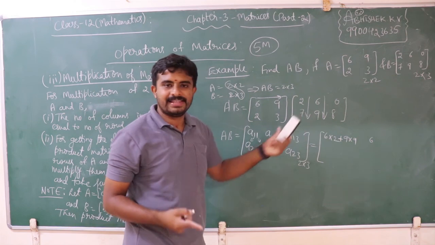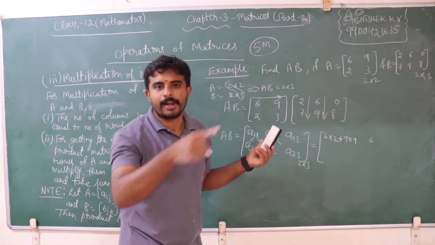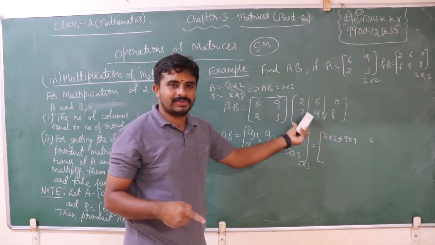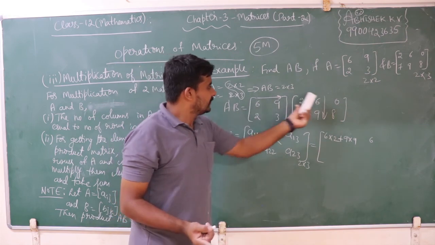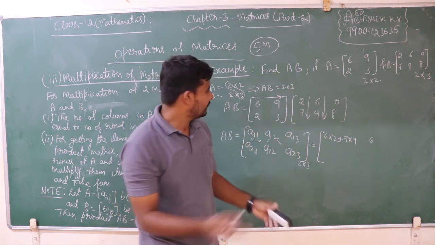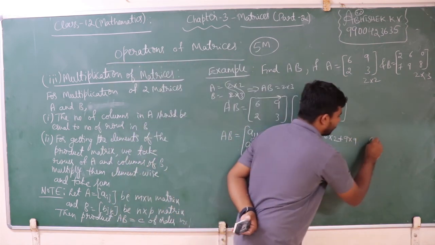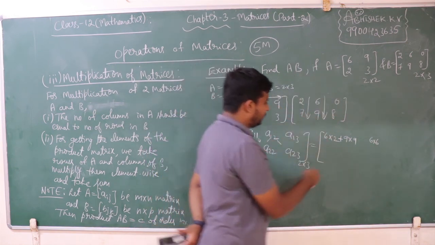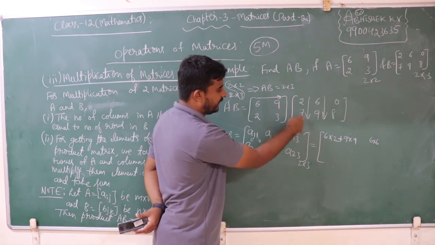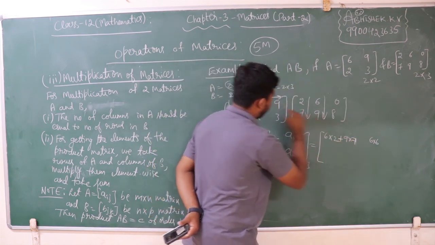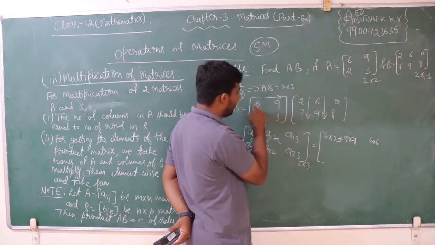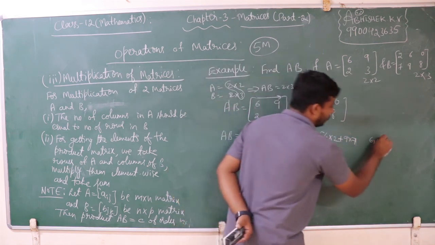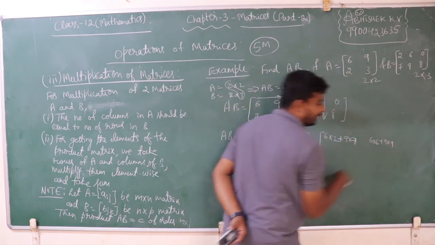Multiply element wise, that is first row, first column, this to this, this to this, take the sum. See, 6 into 6, 9 into 9. See, this is 9 into 7, right? This one, 9 into 7, corresponding element. 6 into 6 plus 9 into 7.